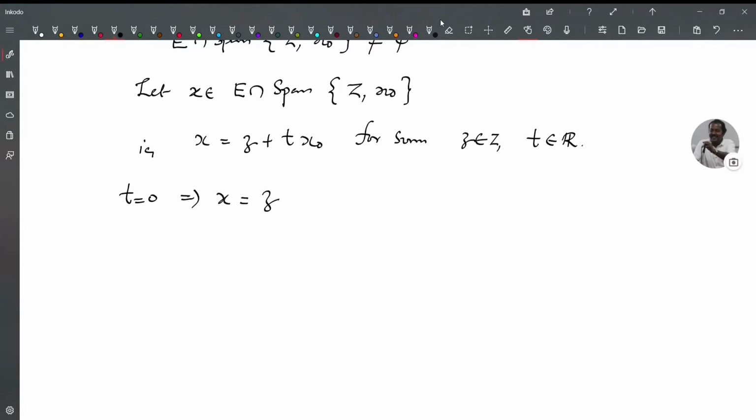So this belongs to E intersection Z, x belongs to E and z belongs to Z. So x equal to z means there exists an element in E intersection Z, which is a contradiction since E intersection Z is empty.